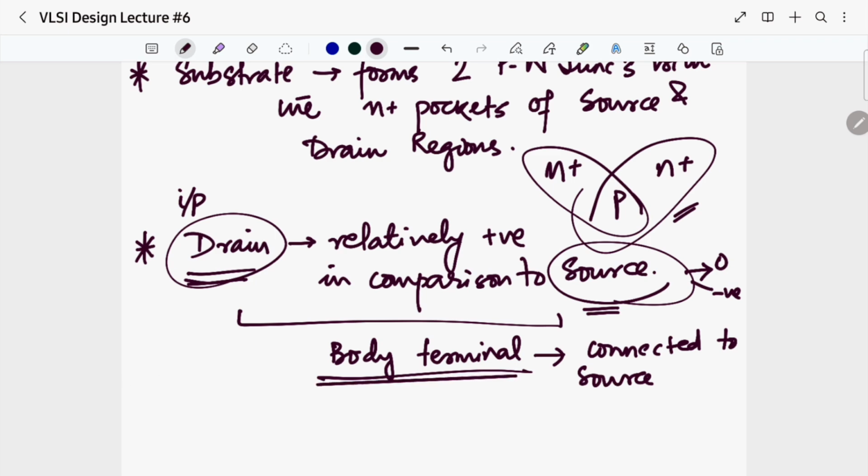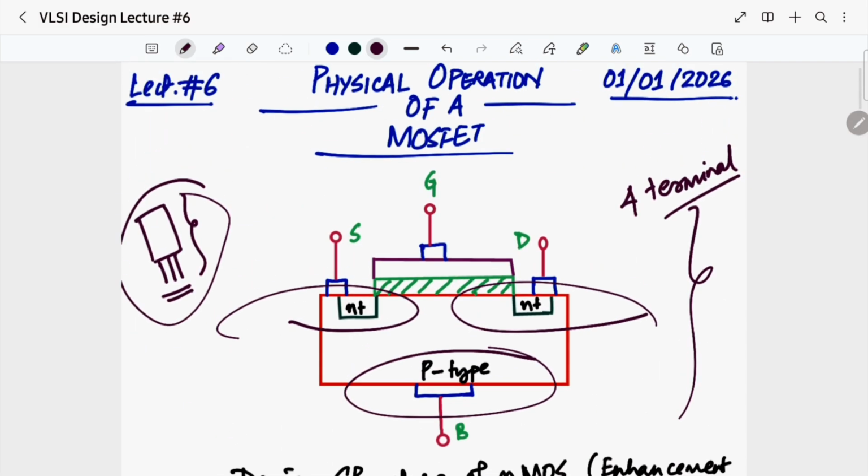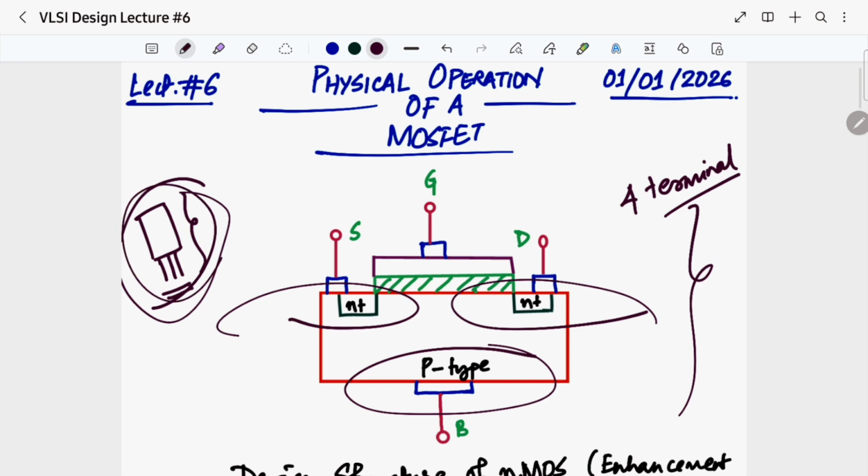By doing that, what we will achieve is that body will have no effect on the MOSFET, and since its effect will be cancelled out the moment you connect it to the source of the same MOSFET, you will get this 3-terminal thing in your analog lab.